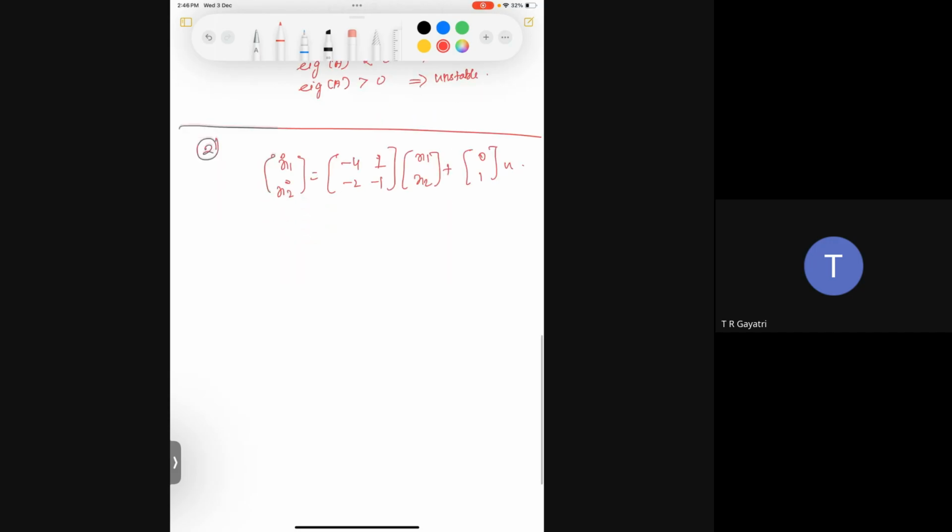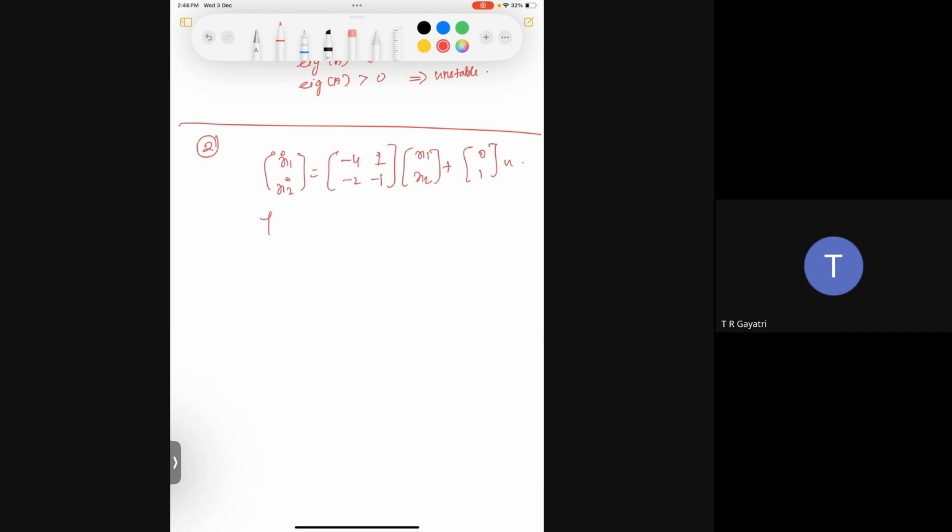If this system has input u of t as a step input, what is the steady state value of x1, rounded to two decimal places? That we don't need right now, but they have given it in the question for the answer's sake.